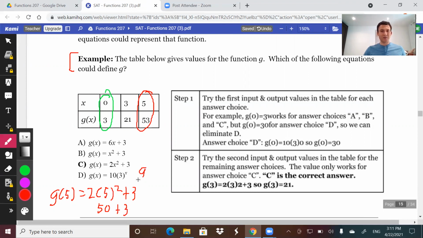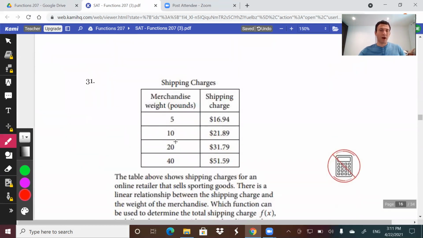And if g of 5 is supposed to be 53, well, we did indeed get that here. We got g of 5 equals 50 plus 3. All right, so that's how you want to go about doing these ones. We'll try one out.